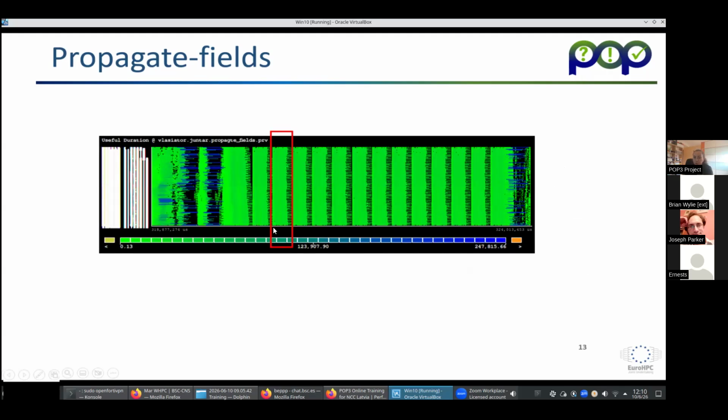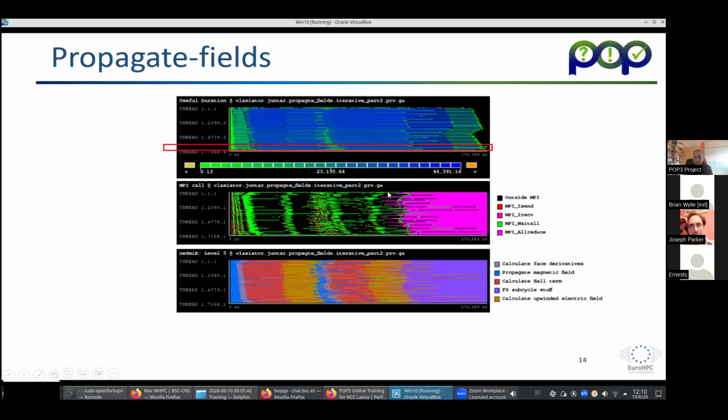Now if we focus on this other part here, the one that I was showing, it was here. Now we zoom in here to see what is happening in these iterations that look more or less the same. And we see this pattern. It's again a bit difficult to see anything with so many threads and processes.